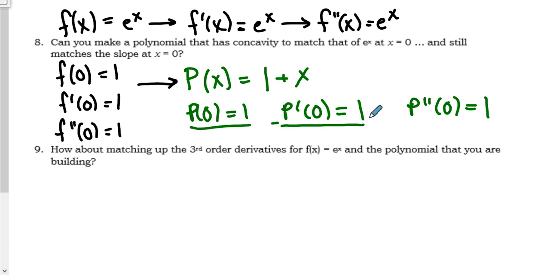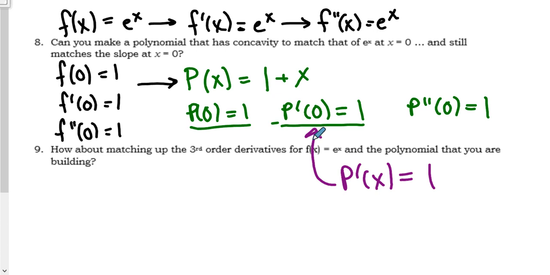Okay, so what I'm picturing there is p prime of x, right? You're taking the derivative of this statement. The derivative of 1 is 0. The derivative of x, 1x, is just 1, and that's going to allow that part to be true. Okay, now I need to think about what if I were taking a second derivative.